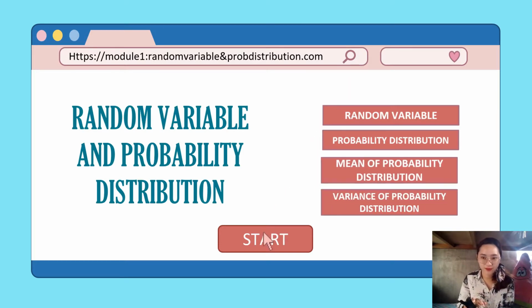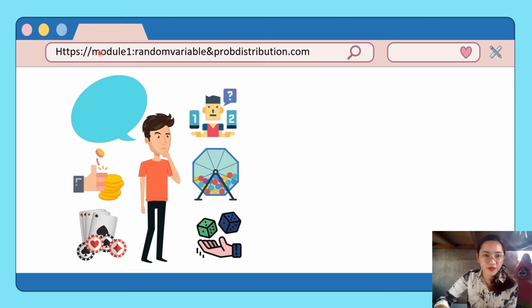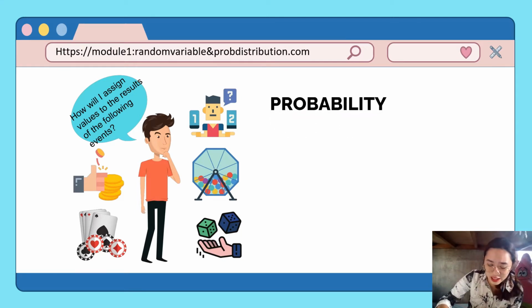Okay, so let's start. As you can observe from this figure, how will I assign values to the results of the following events? As you can see, human beings are naturally fascinated with different events that involve probability. We are trying most of the time to make decisions based on how likely a particular event or experiment will happen.